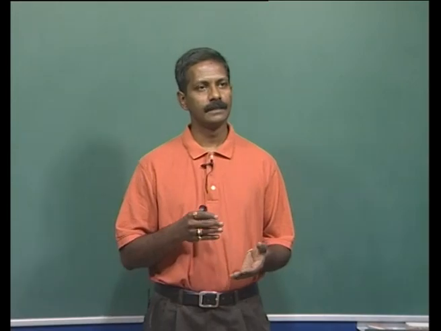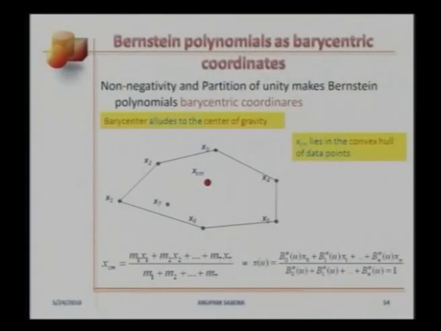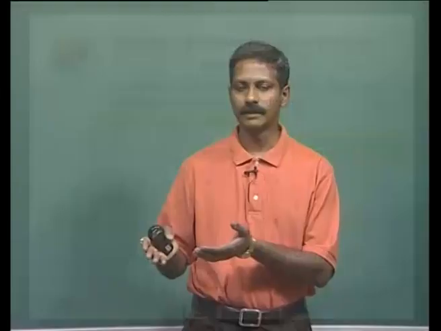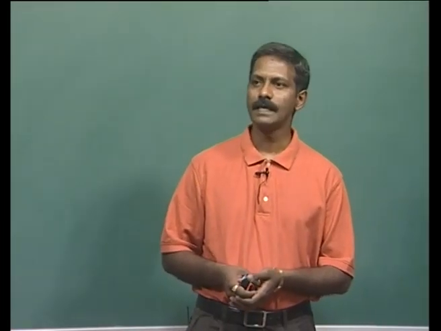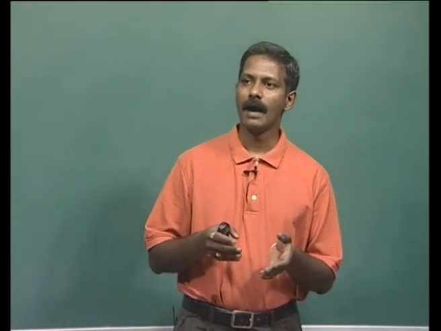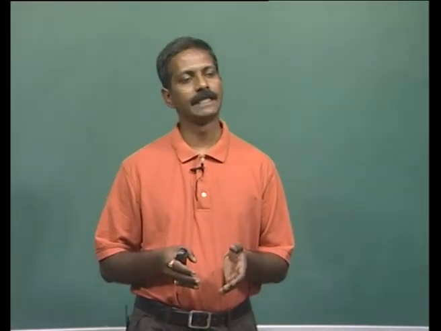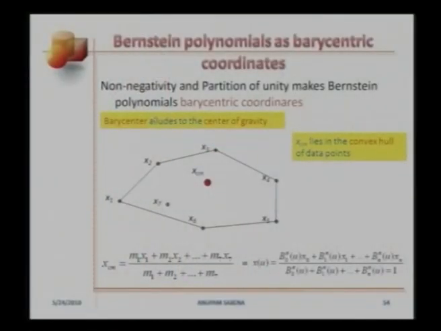It is the partition of unity property and the non-negativity property that made these Bernstein polynomials barycentric in nature. We had considered an example to see how barycentricity played a very vital role in designing Bezier curves.